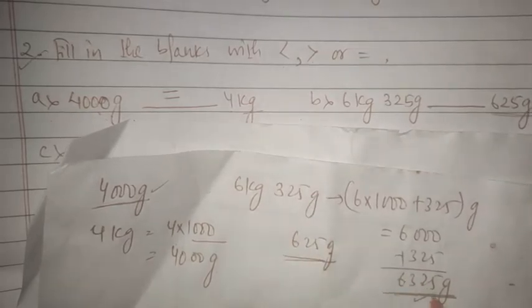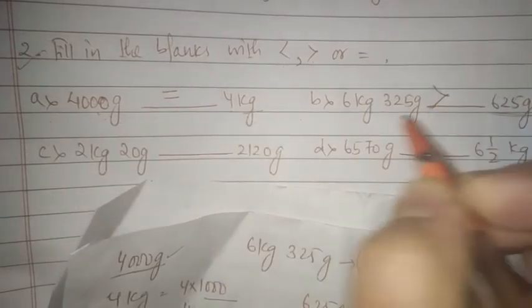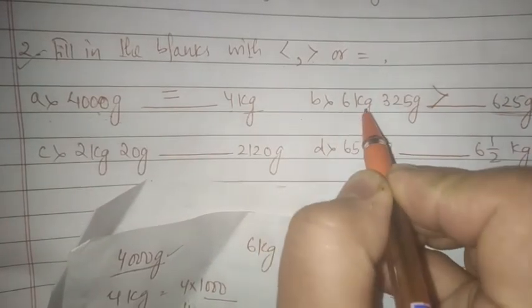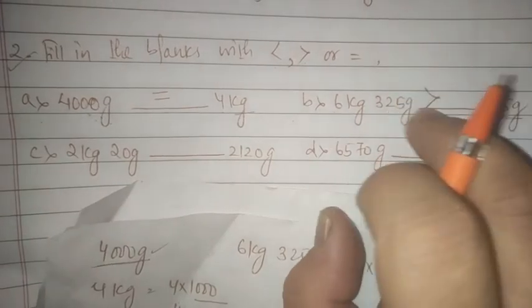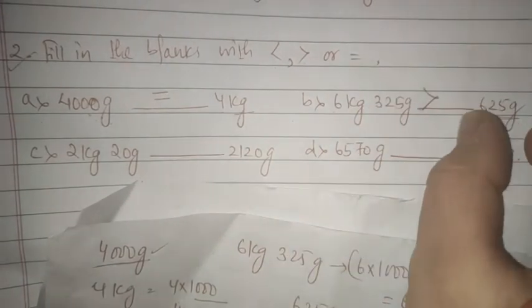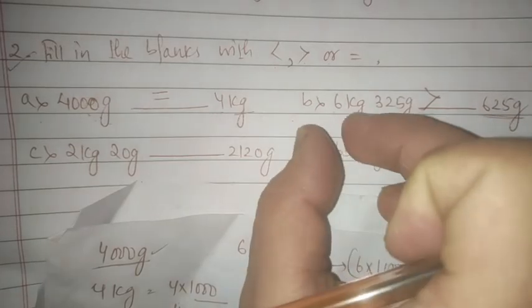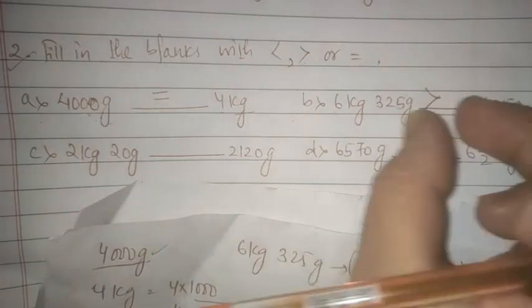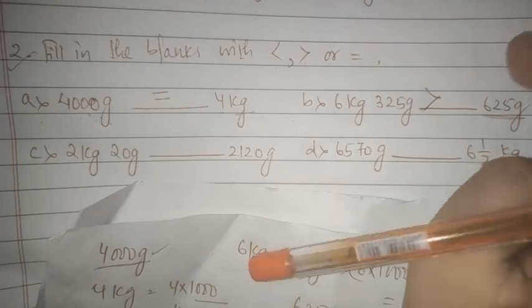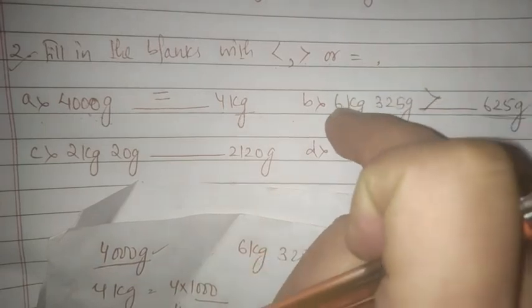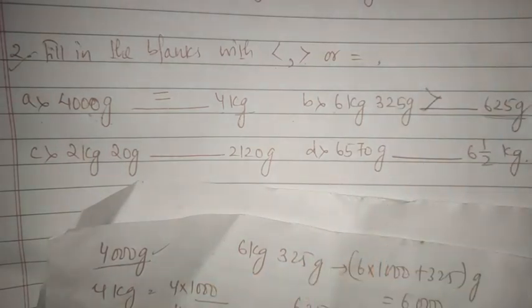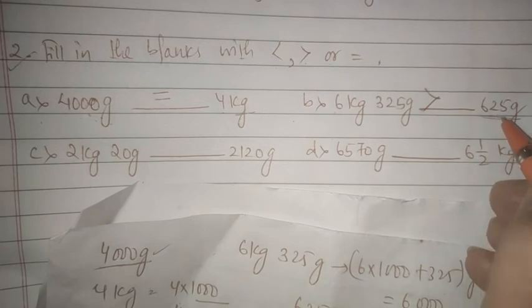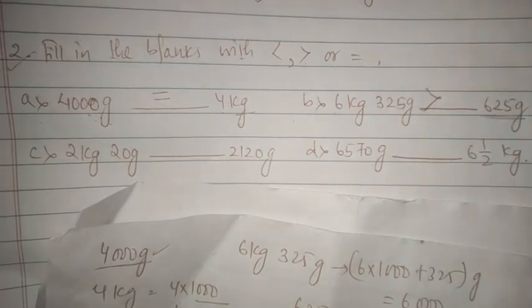Which one is bigger? Of course 6325 is bigger. Easily you can see that 6 kg was there, so 6 into 1000 was 6000, so already this value was bigger. Whenever you compare, either convert into kg or into gram. To convert kg into gram is very easy, because you just multiply with 1000. But to convert gram into kg, you have to divide with 1000.